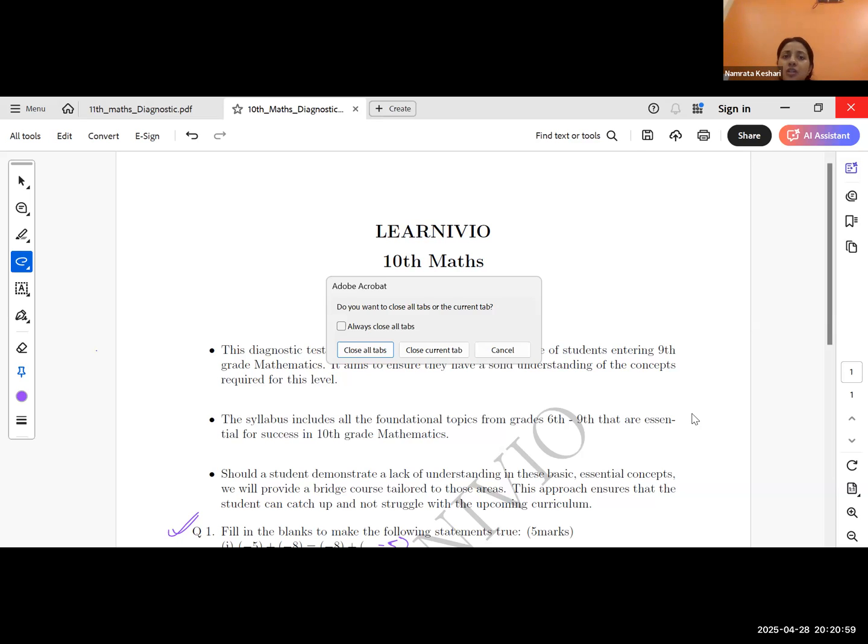Do you know how to check the nature of the roots as well? Yes, b square minus 4ac. If it is equal to 0, it has equal roots. More than 0, real and different. Less than 0, it doesn't have real roots.